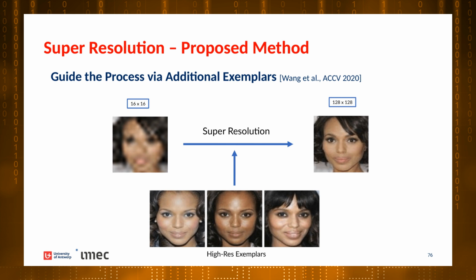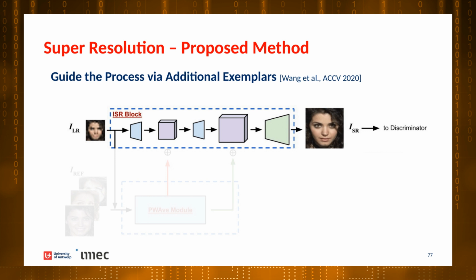So the idea is that these exemplars will help the model get the information related to how to fill in the details that should be present in the output. So we start from a standard convolutional neural network, which does deconvolutions and tries to expand every pixel in the input a bit further.